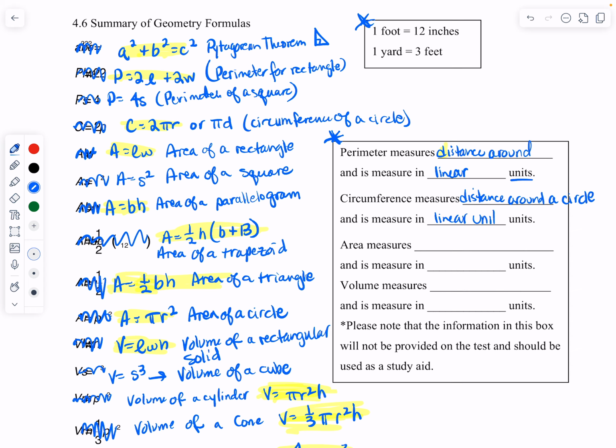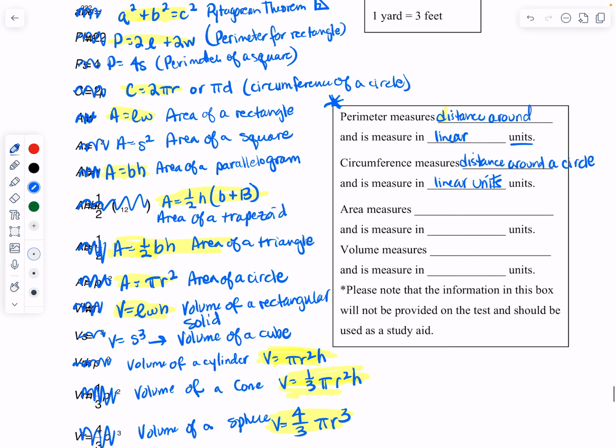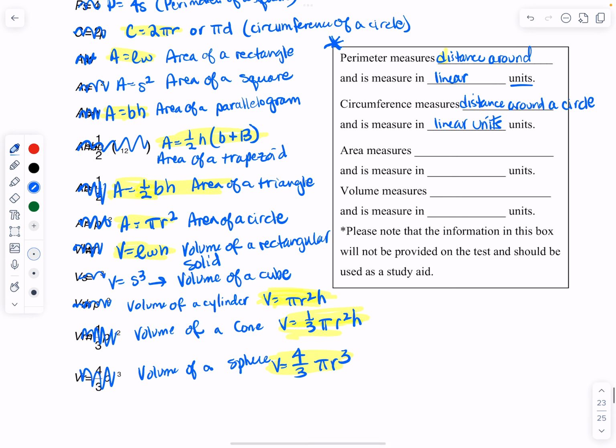So it's just meters, centimeters, etc. Okay, area measures the surface of an object and is measured in squared units. And volume measures capacity of an object and is measured in cubic units.